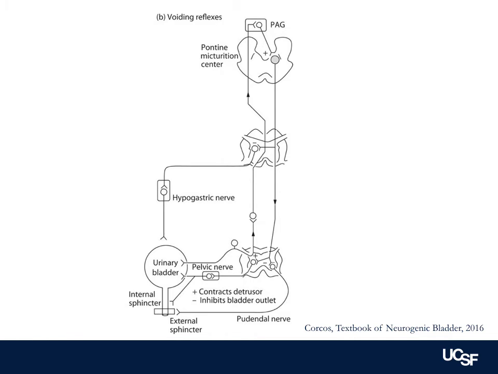So in a little bit more detail, we're focusing on the pelvic nerve here, and what is happening is the release of acetylcholine, which is binding to M2 and M3 receptors, and these are muscarinic receptors, and that's causing a bladder contraction.